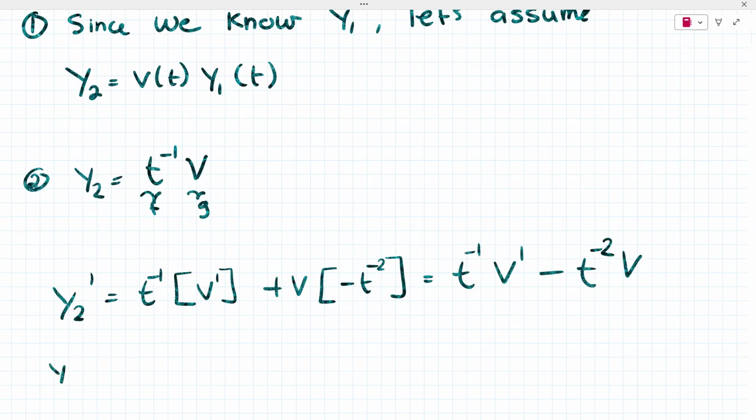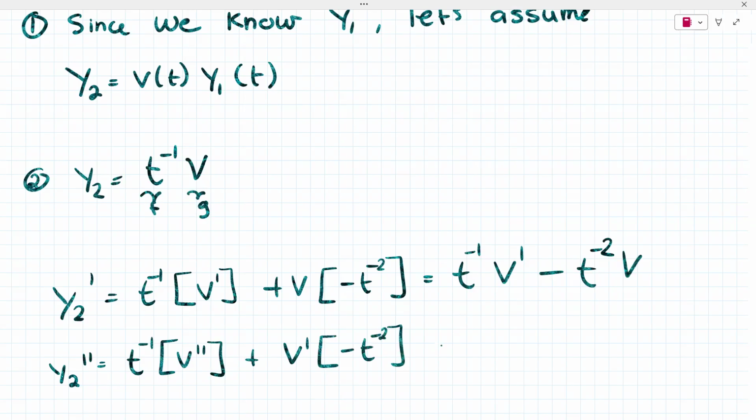So my y2 double prime is going to be t to the -1 v double prime plus v prime times negative t to the -2, minus t to the -2 v prime, plus v times 2 t to the -3.